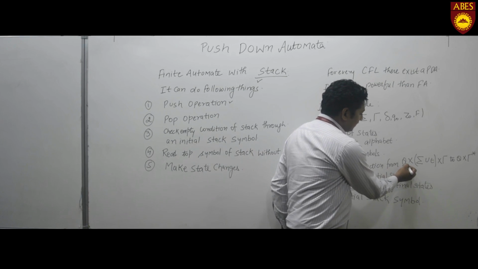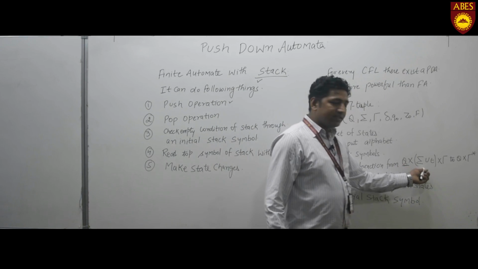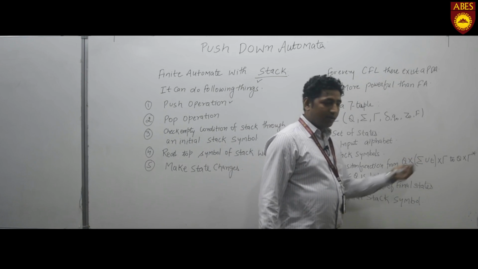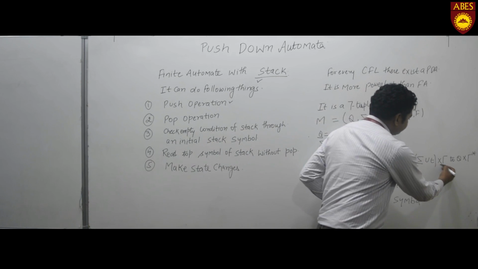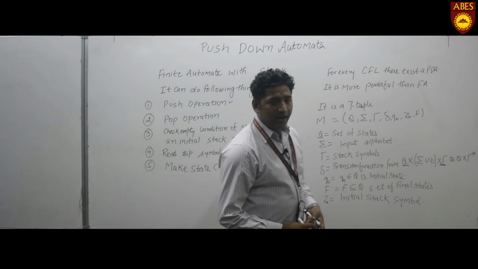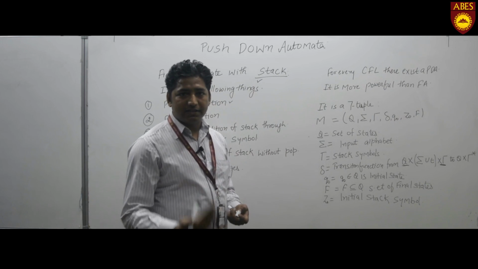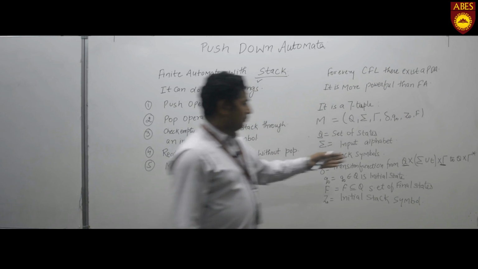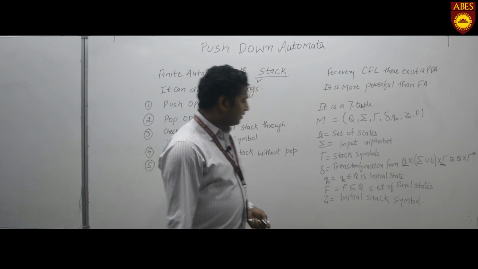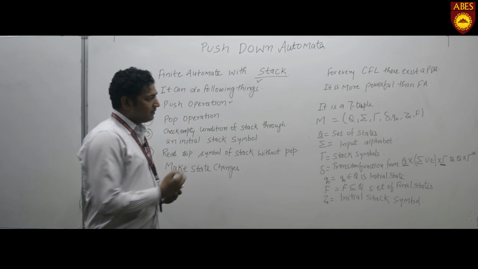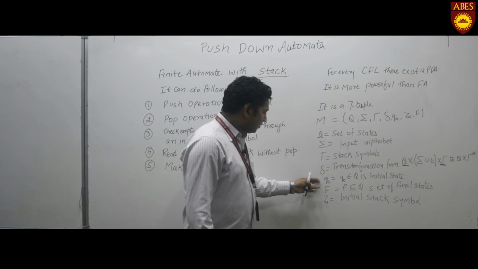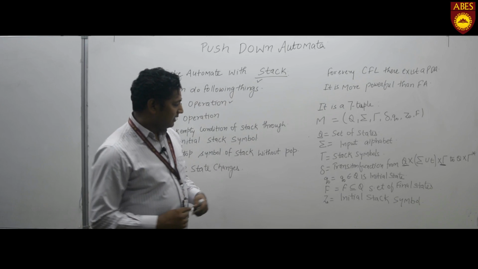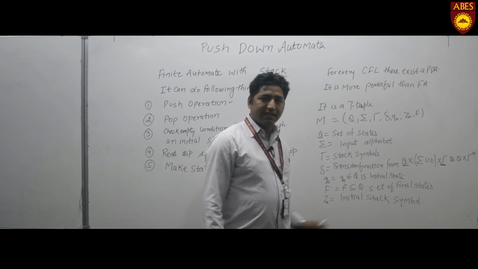Q is the set of states and sigma is the next input that we want to take, including epsilon, and tau is the stack symbol. It will map to another state by applying some operation which may be push, pop or no operation. Q naught is the initial state, F is the set of final states, and Z naught is the initial stack symbol.